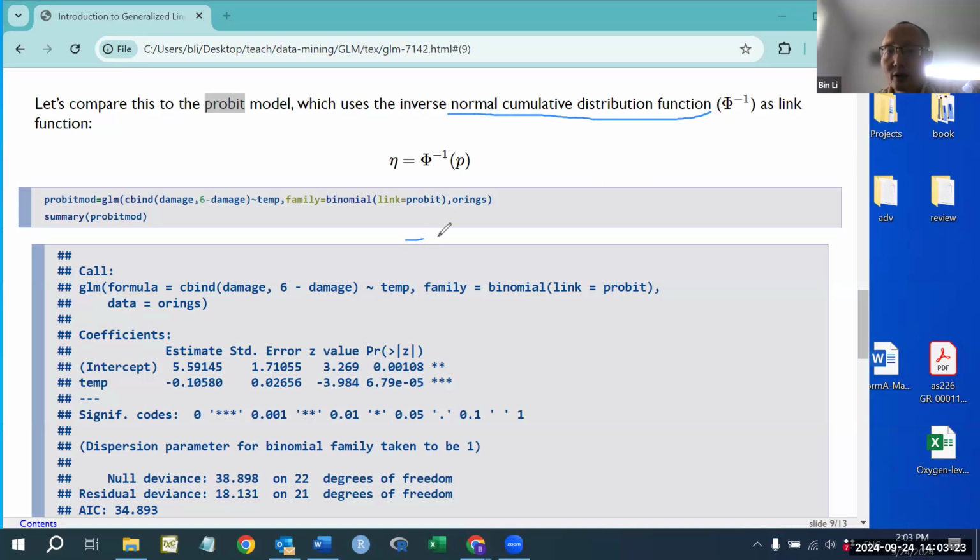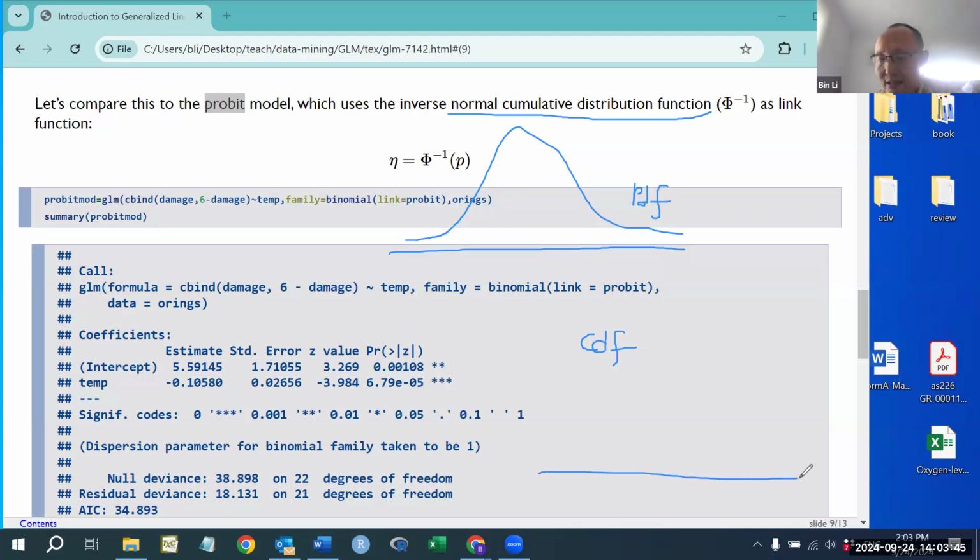We know the PDF, the probability density function, for the normal distribution follows a bell-shaped curve. And we also have a CDF, the cumulative distribution function. For the normal distribution it looks like this. It starts at 0 and converges to 1.